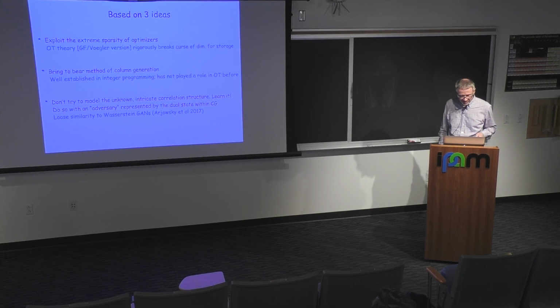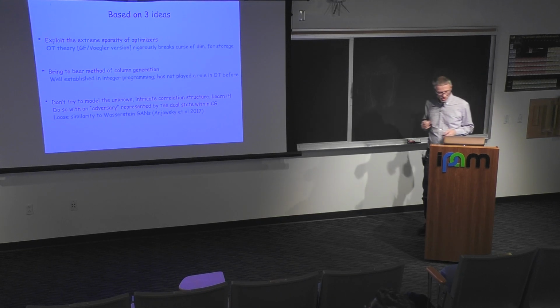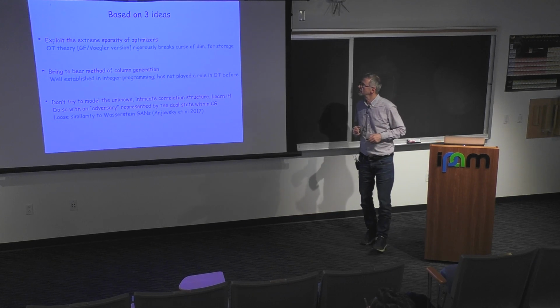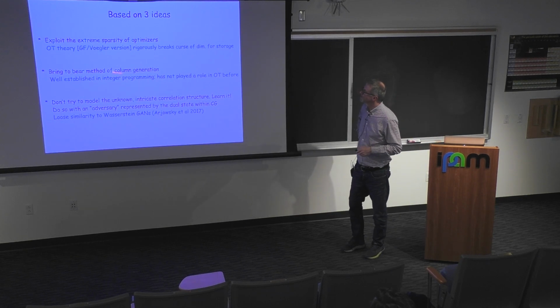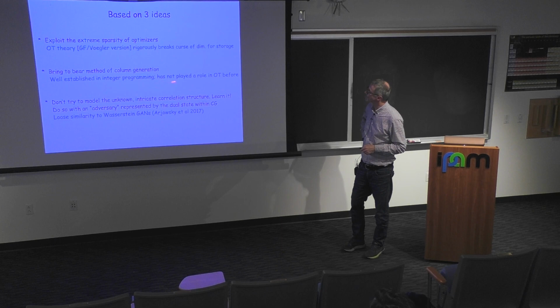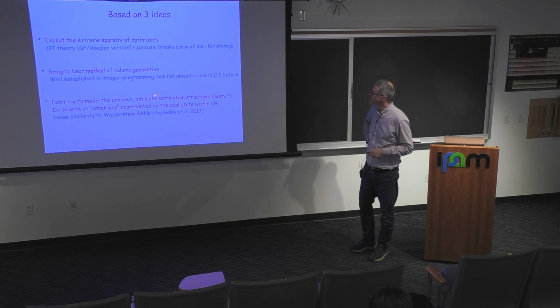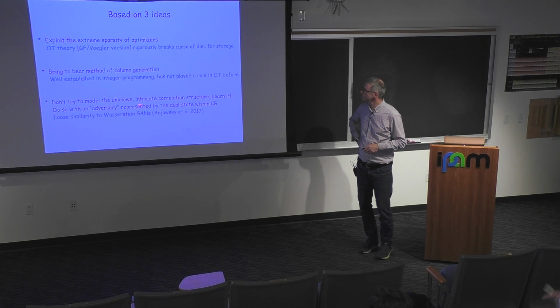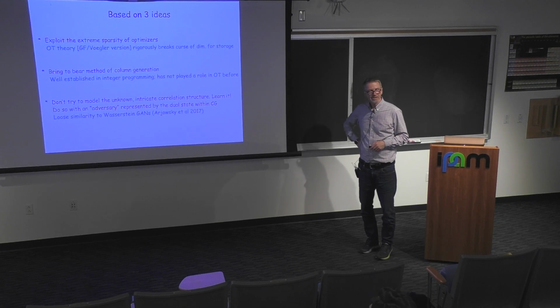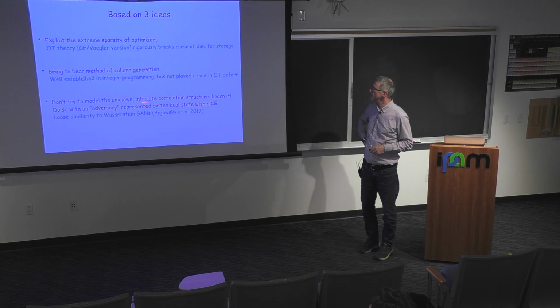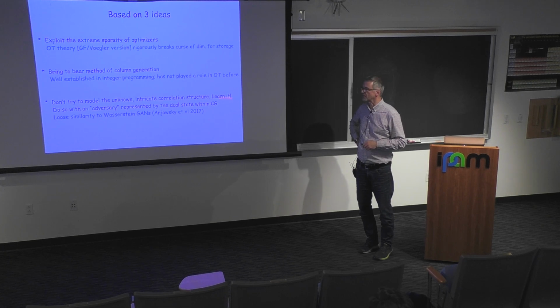Then we bring to bear a method from integer programming, so-called column generation. It's well established in integer programming and has not played a role in optimal transport before. Then comes the last point, that's maybe the most difficult one. We decided not to model the unknown intricate correlation structure.